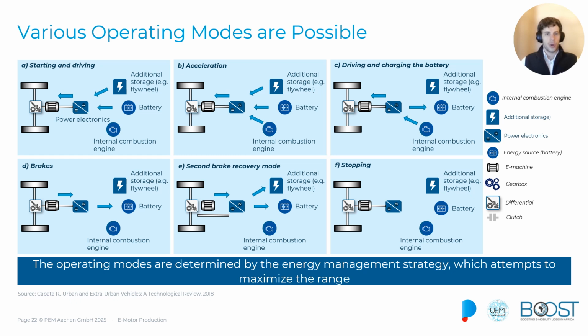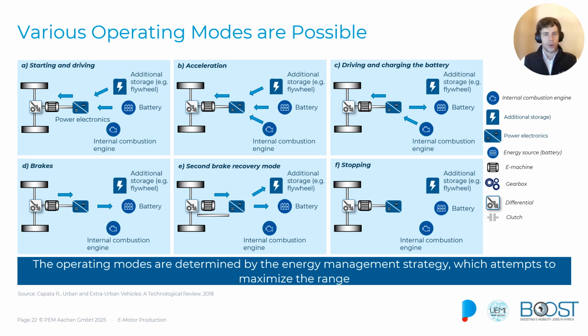In the braking mode, the electric motor can support the brakes by switching to an electric generator and generate energy to charge the battery. Once again, we call this recuperation, and it helps electric vehicles to create additional range.